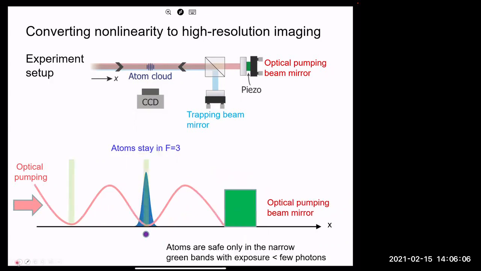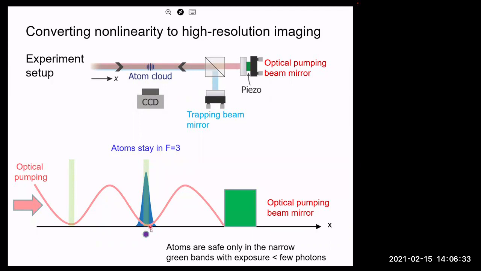However, if we can really tune the nodes of the standing wave right on top of the atoms, now the situation is different because there's no light. When there's no light, atoms are not excited. Okay, so as long as atoms are within this very narrow window where atoms see less than 3 photons, the atom will have a higher probability to stay in F equal to 3.